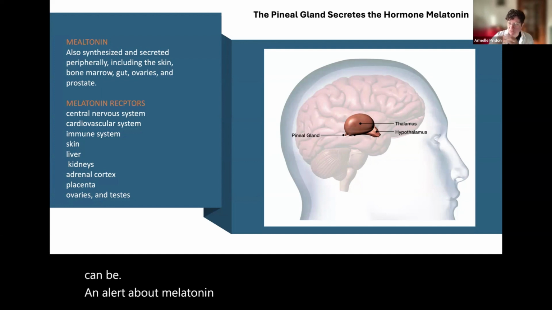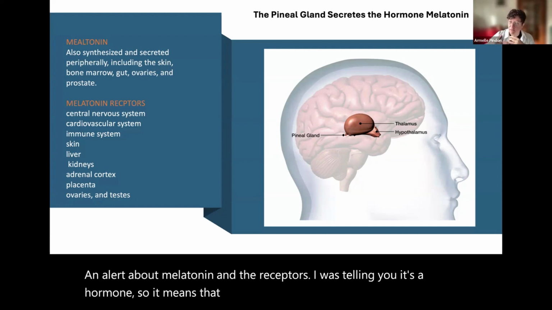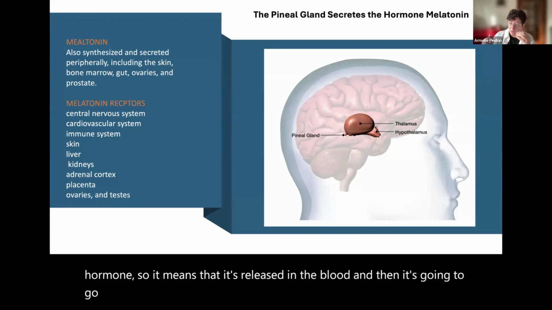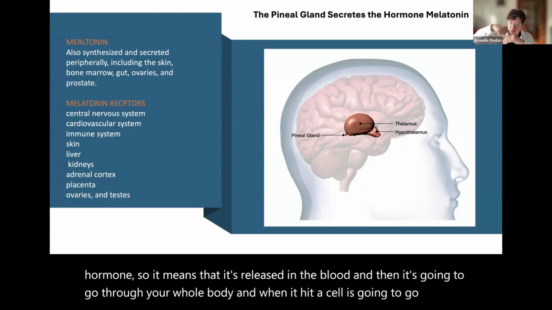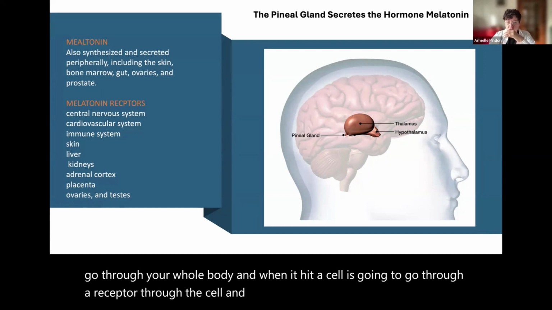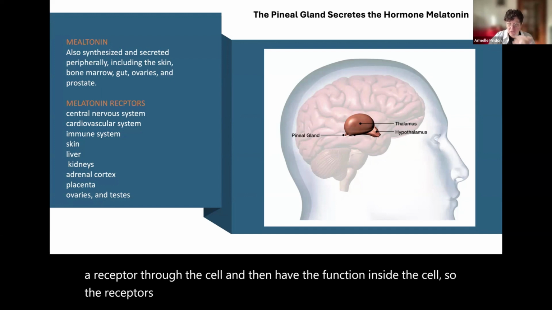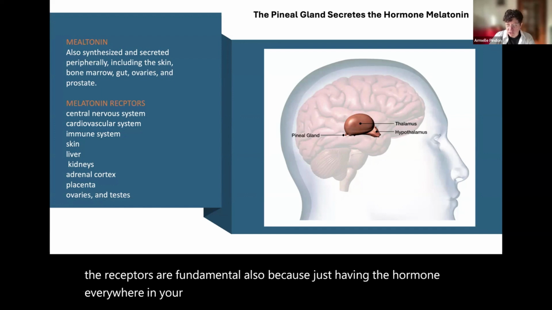And the receptors, I was telling you, it's a hormone. So it means that it's released in the blood, and then it's going to go through your whole body. And when it hits a cell, it goes through a receptor into the cell and then has its function inside the cell. So the receptors are fundamental also, because just having the hormone everywhere in your body doesn't mean that it's going to act. You need to have the receptors.